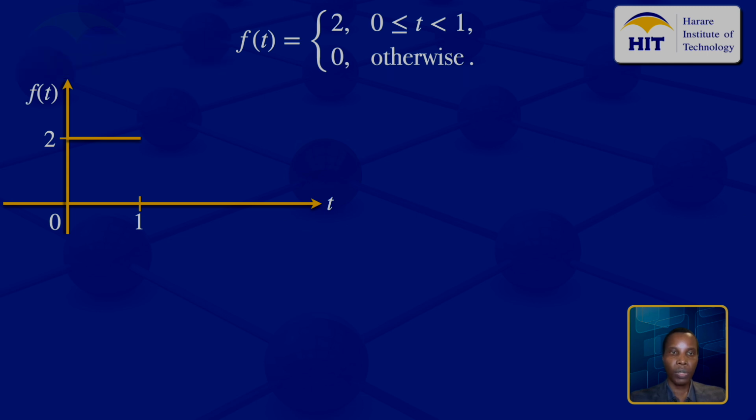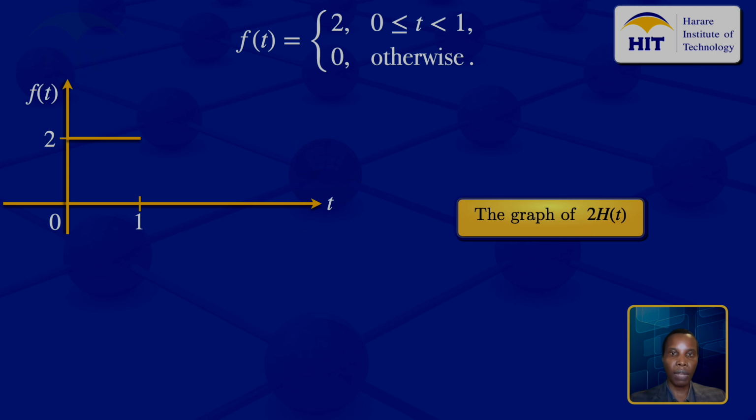The next step now is to try to write our f of t in terms of the Heaviside function. In this case, we are seeing that it has a 2 here, so it is of the form 2 multiplied by h of t. So I would plot that graph of 2 multiplied by h of t, and I will indicate it by a red line.